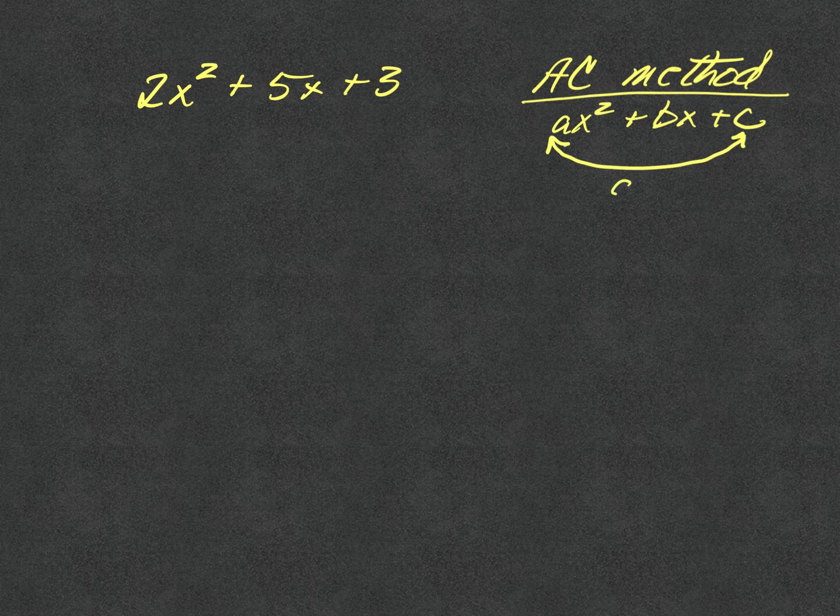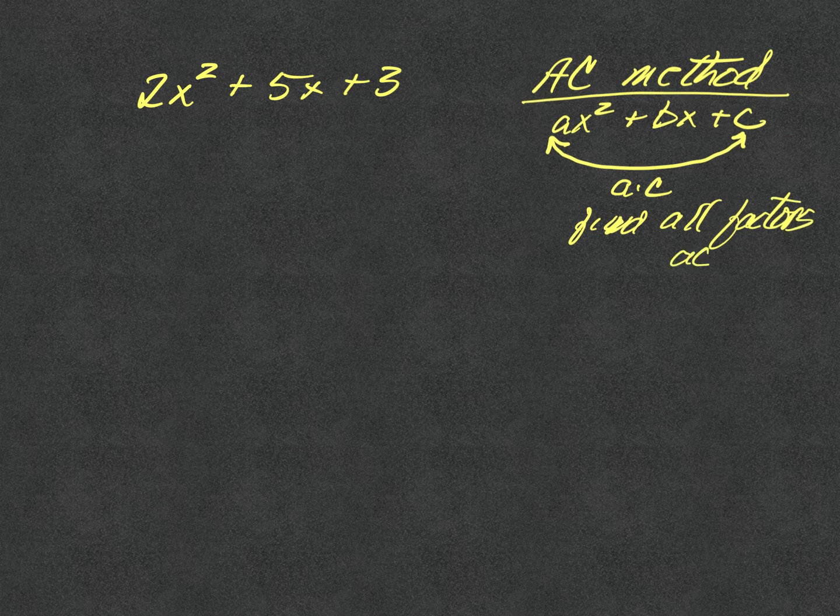What you do is you multiply a and c, and then you find all the factors of that AC, and that's the process.